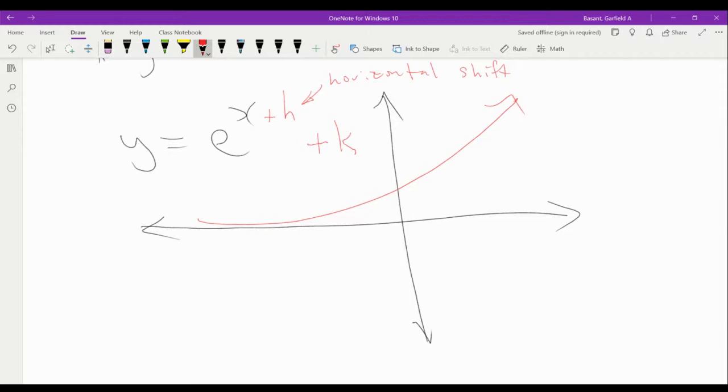That goes up and down. So this number is a vertical shift. And of course, there are other things that are going to change the function, right?